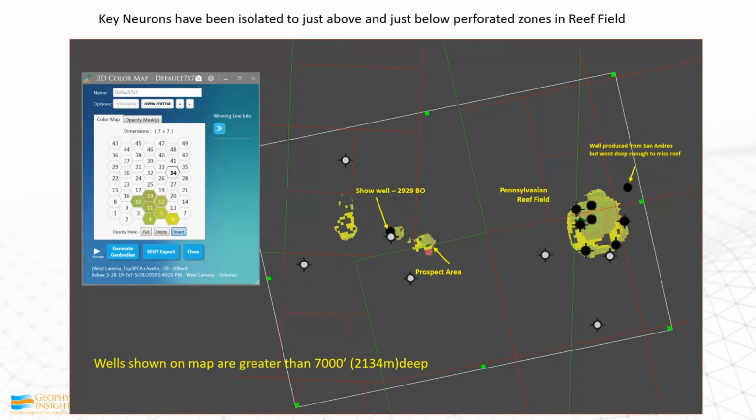So here's the prospect, and here's the show well right on the edge of a little piece right here. But you notice they're not connected. If they were connected, you might have a chance of making 150,000 barrels of oil. But being totally separate, it makes it very questionable whether a well drilled in the prospect would be economic at all.